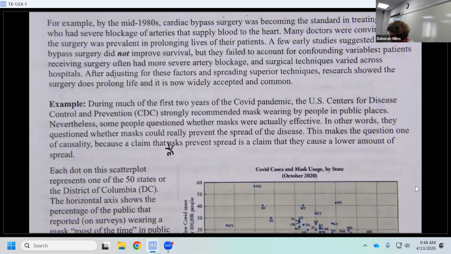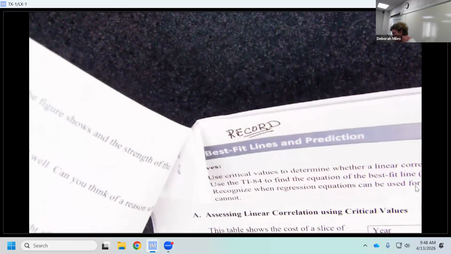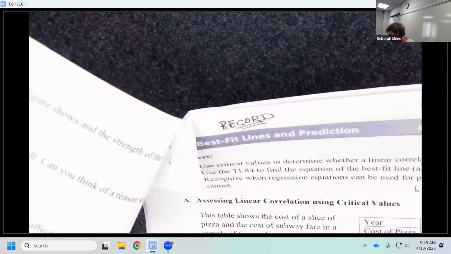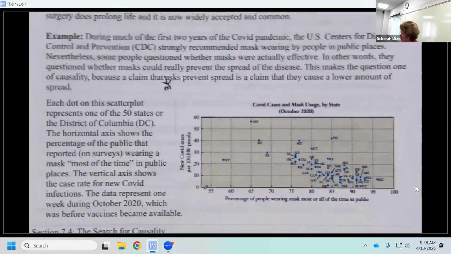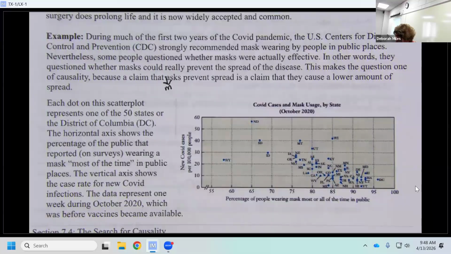The data represents 1 week in October 2020, which was before vaccines became available. So, briefly describe the type of correlation the figure shows and the strength of the correlation. What would you say about the correlation? It's like a weak negative correlation.